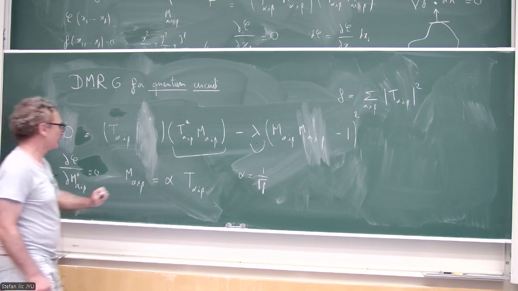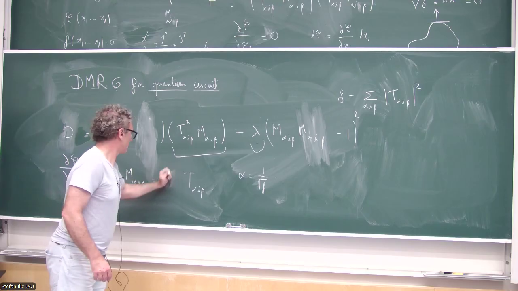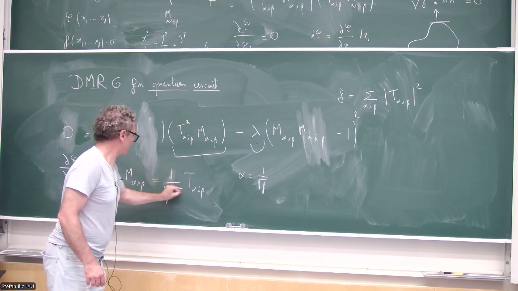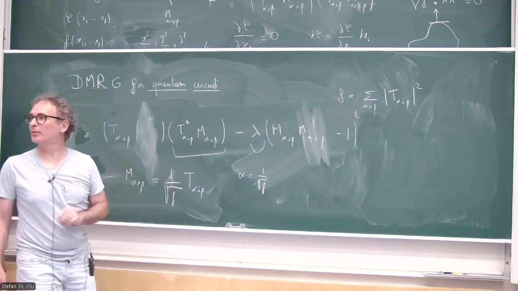So this guy is 1 over square root of f, where f is the sum of squares of this contracted tensor.